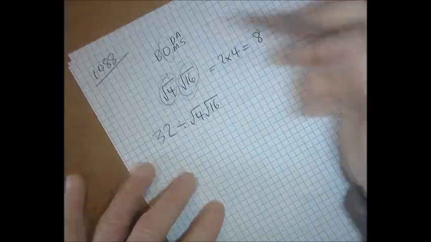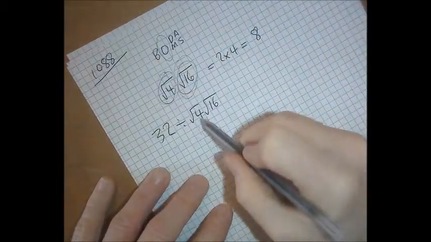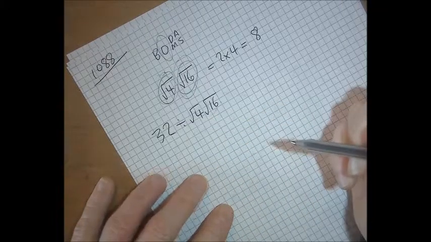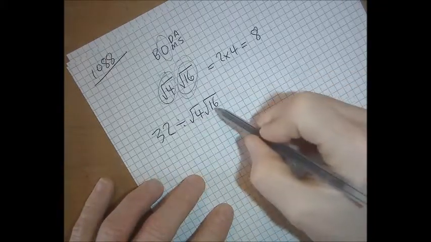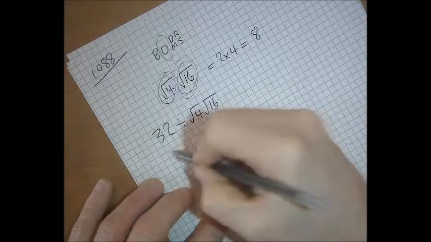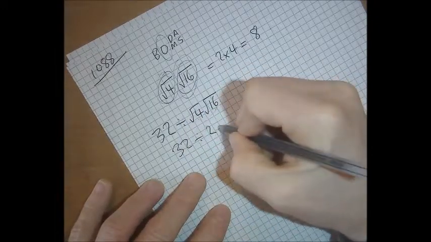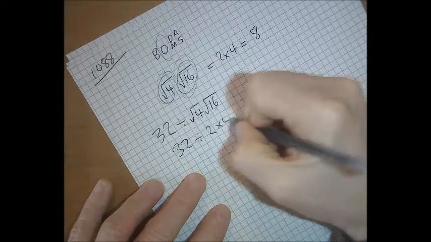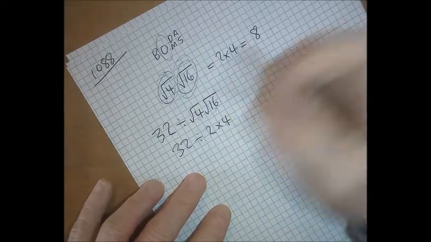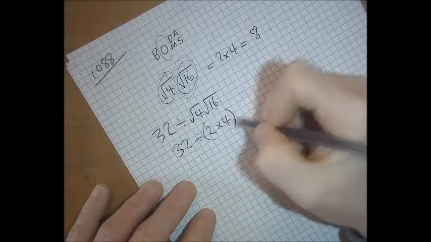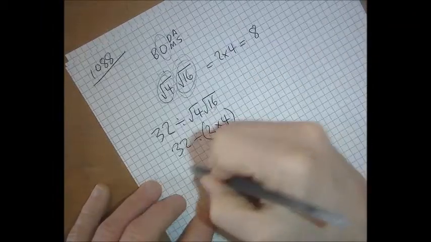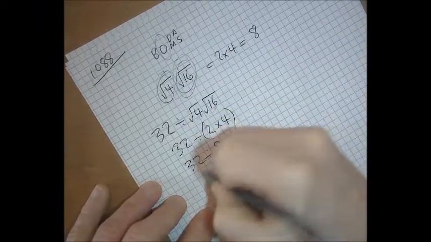This principle, 1088, tells you that you must multiply them together first. So that's a 2 times a 4, that's an 8, so it's 32 divided by 2 times 4 in brackets to illustrate the high order priority, which is 32 divided by 8, which is 4.